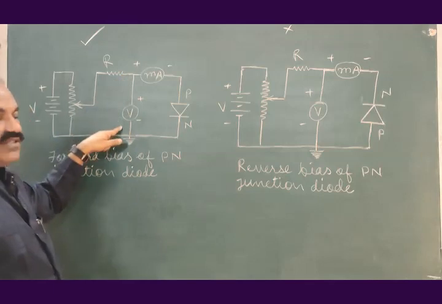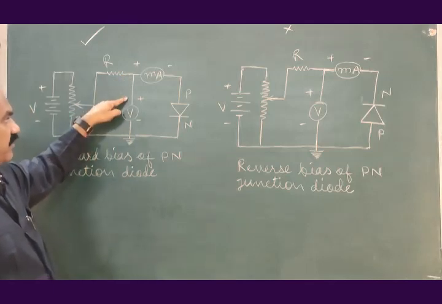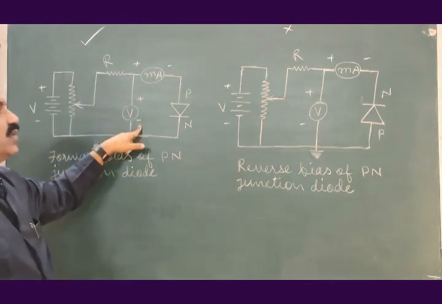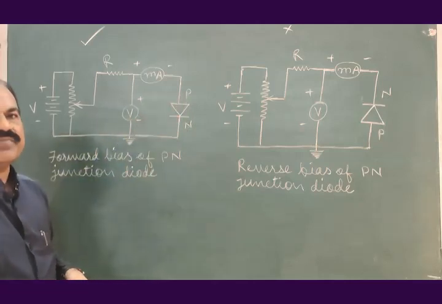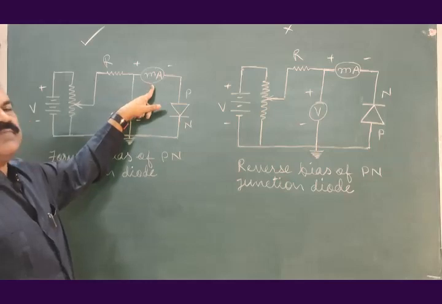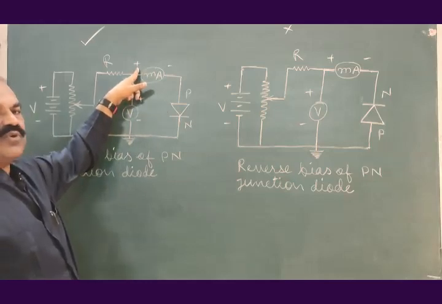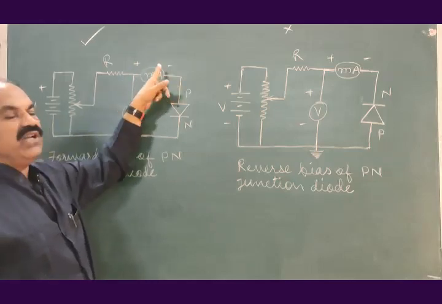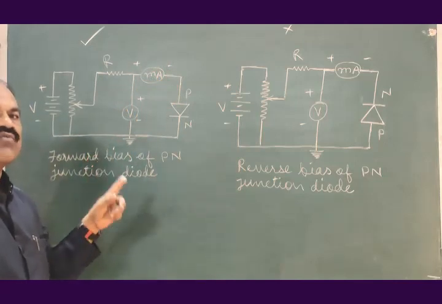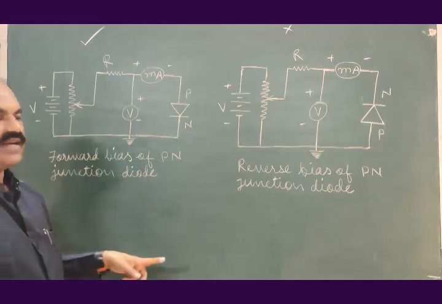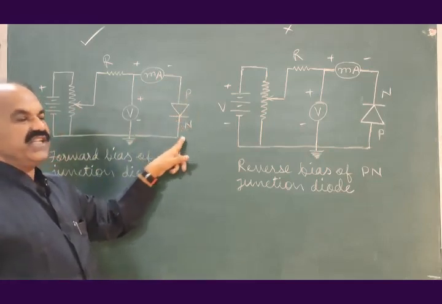This is the voltmeter, with plus sign upward and minus sign downward, to measure the voltage across this PN junction diode. This is the milliammeter with the positive terminal here and negative terminal here, to measure the current flowing through the PN junction diode when it is in forward bias. This is P type, this is N type.